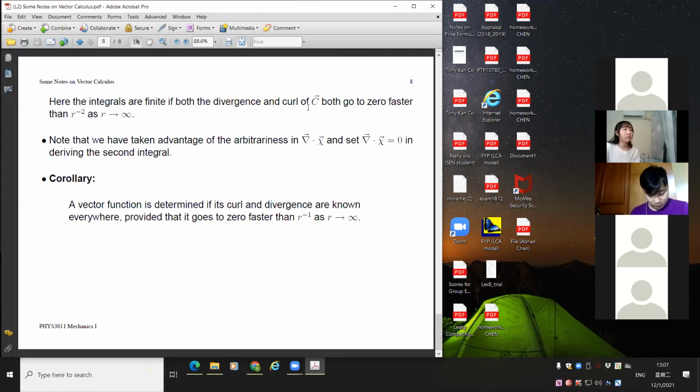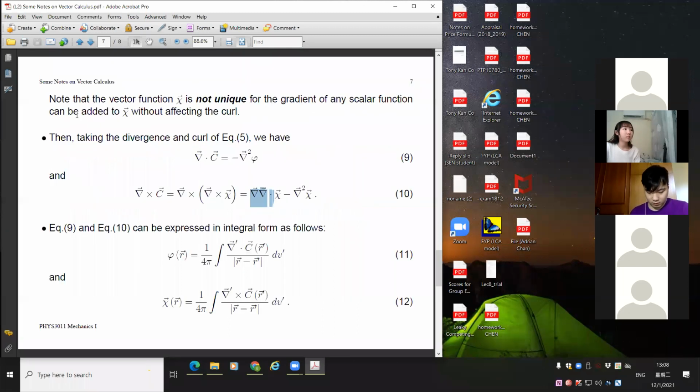Now, we have to make sure that both the divergence and curl go to 0 faster than 1/r squared. Okay, why is it so? When you go back, if you look at here, the divergence, why not just 1/r?